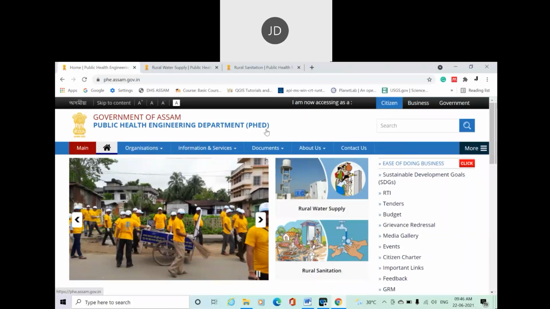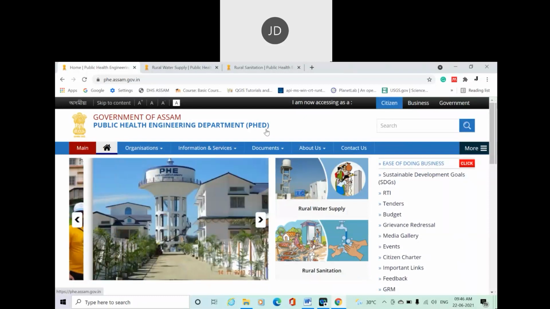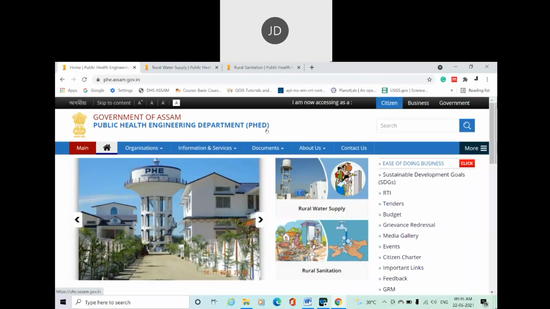The main goal of this department is to sustain a good water supply and to maintain sanitation all over the state, mainly concentrating on the rural areas. You can see that rural water supply and rural sanitation are highlighted on the home page of this website, so you can imagine the importance of this project.